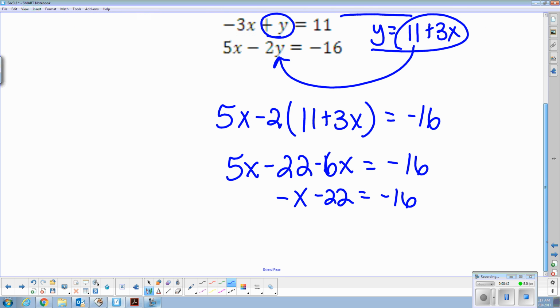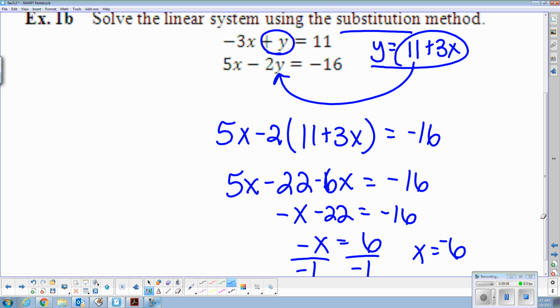And then add 22 to both sides. -x equals 6. And then you want just plain x, just positive x. So you have to divide by -1. And you should get x equals -6.